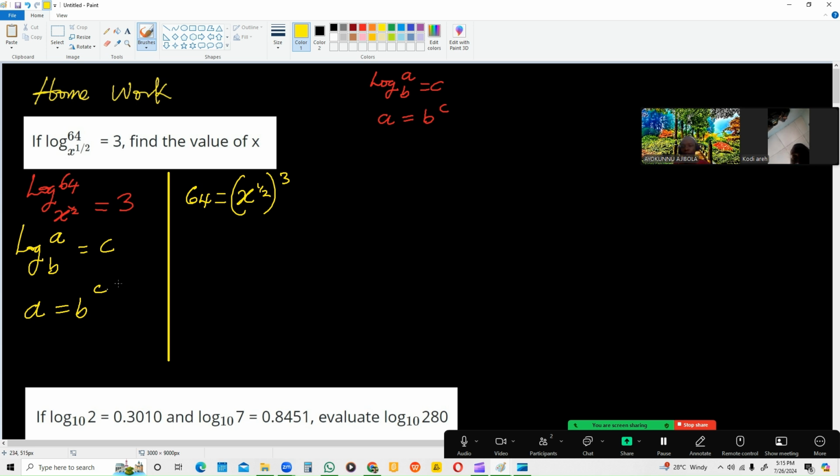So, as I was saying, this is the expression now, and this is the one we want to solve. So, how do we solve this?